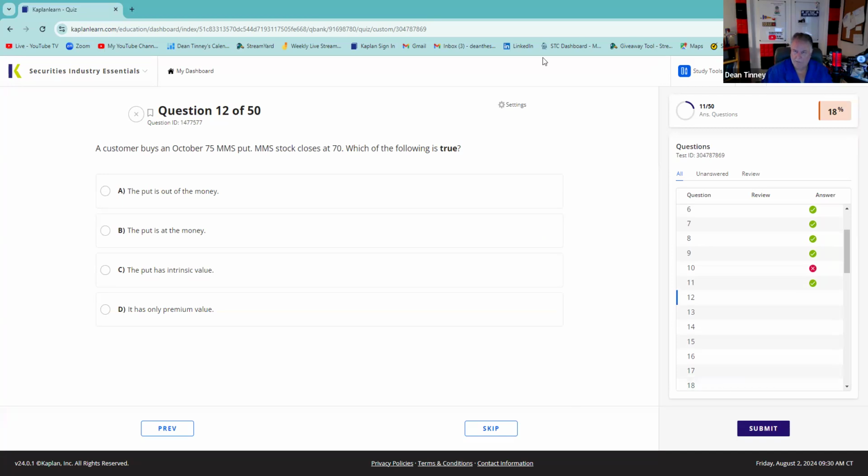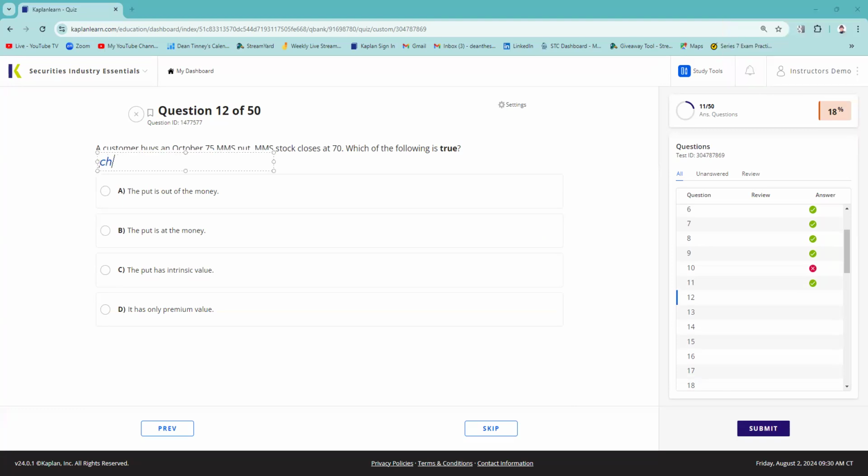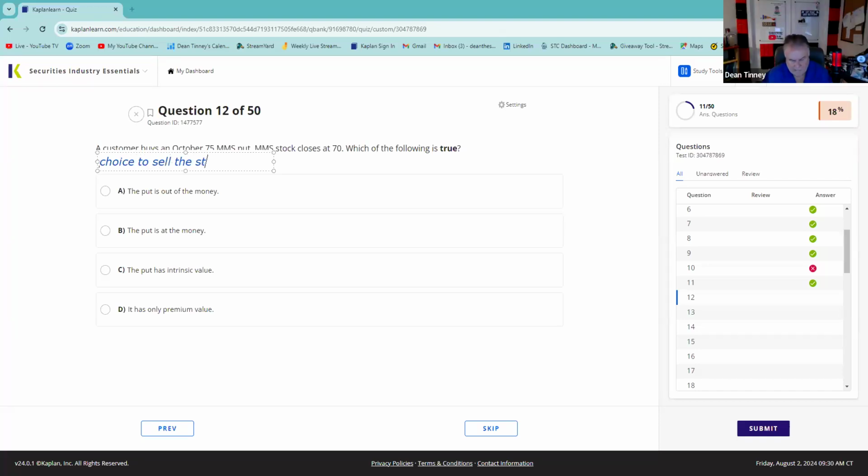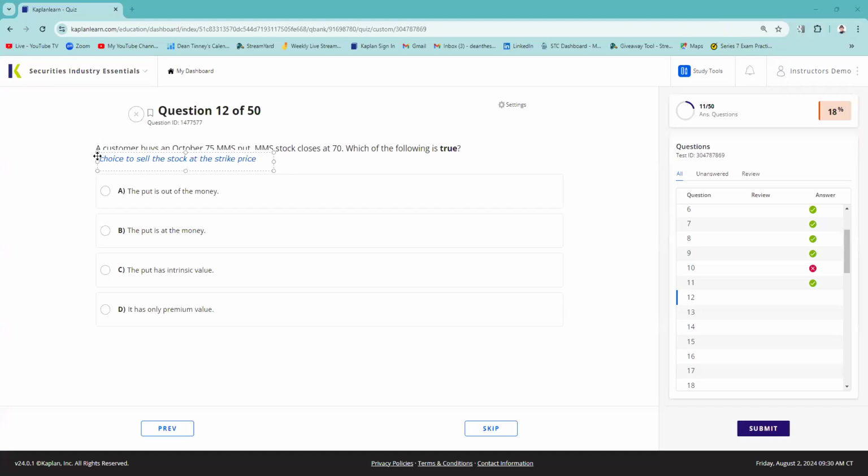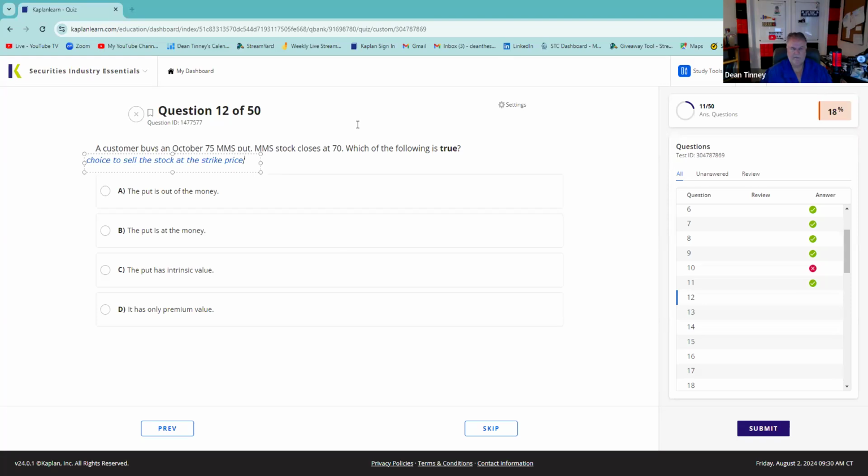At some point, not a big deal on your SIE but a bigger deal on your Series 7, I can look at this and say, this is a choice to sell the stock at the strike price, which in this case is 75. So that's what that is in plain English. I like to put that under my contract. So I have a choice to sell at the strike price 75.